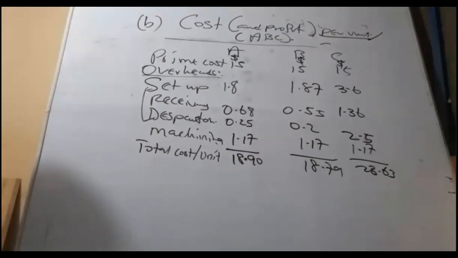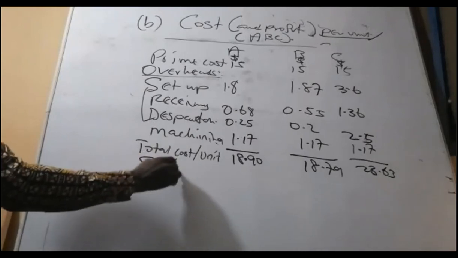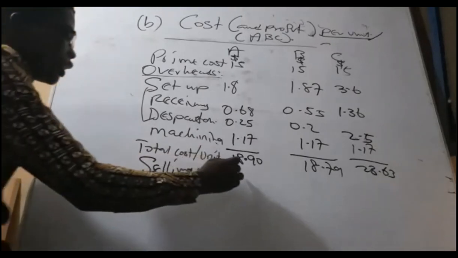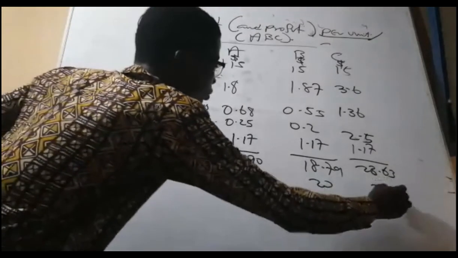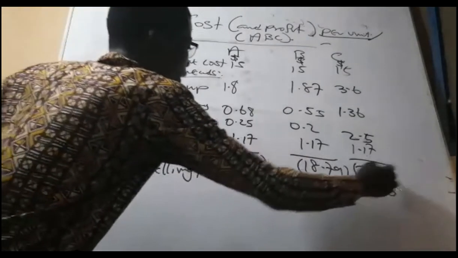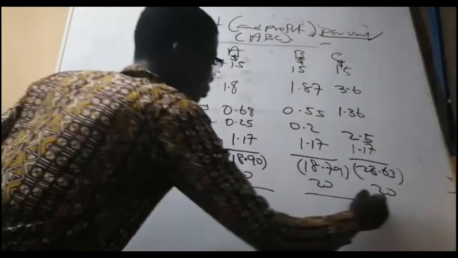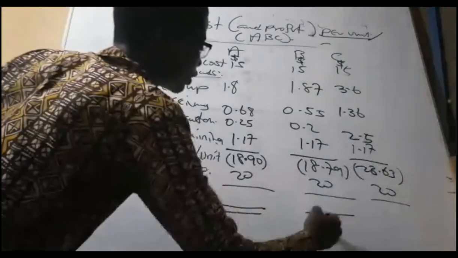Now when you are done, you write your selling price as usual. The selling price happens to be 20 throughout. So I'll put the cost in brackets. I'm subtracting, so I can arrive at the profit per unit.